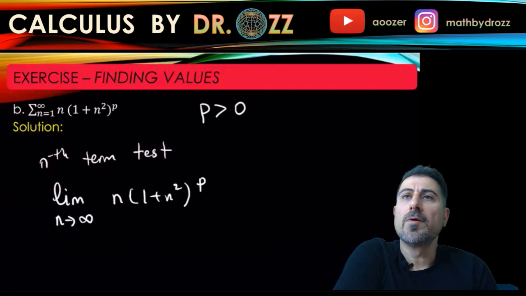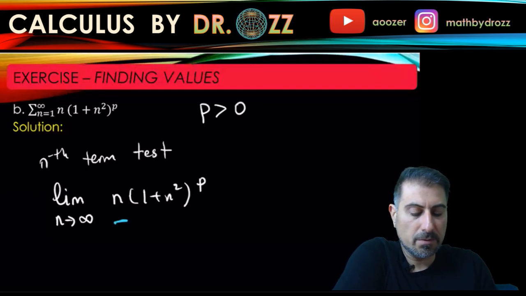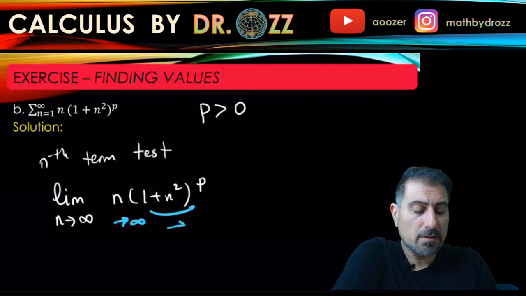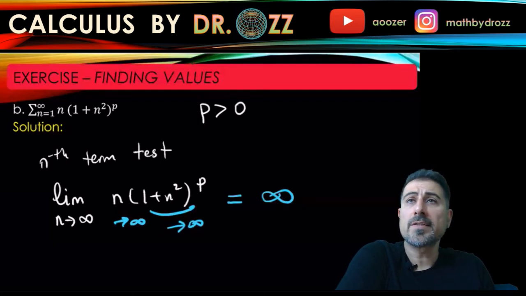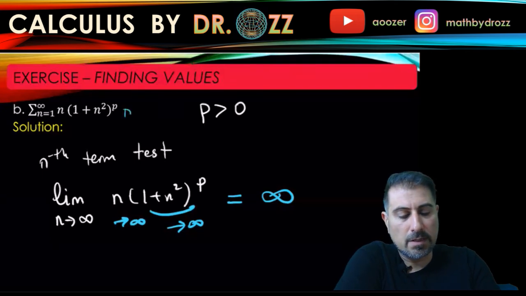If p is positive, when n goes to infinity, this is already going to infinity, and this term is going to come with a positive power that's diverging to infinity. So infinity times infinity is going to diverge to infinity. The nth term test says that if this limit is not 0, then the series is divergent.